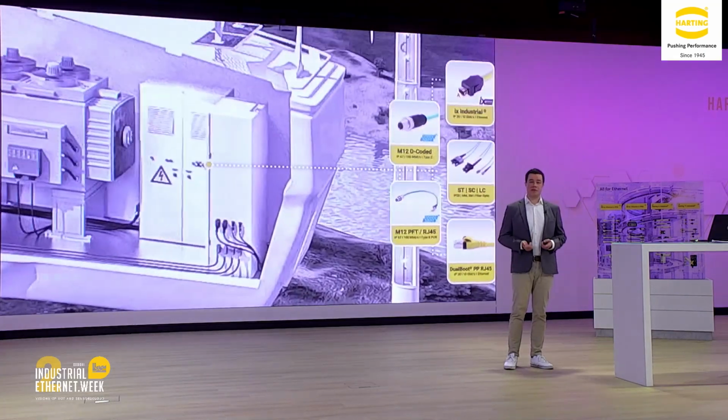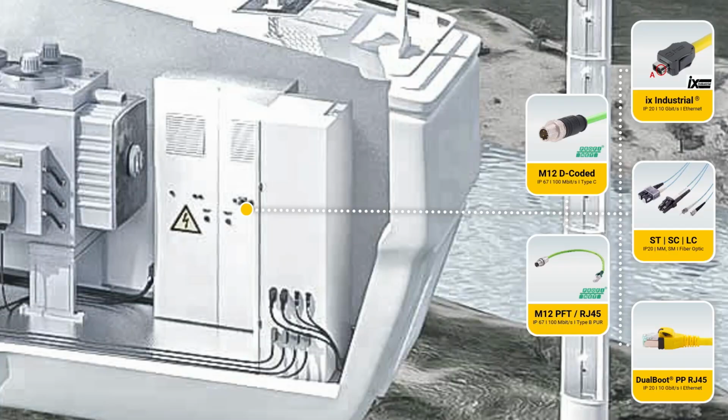We have here the IP20 ST, LC, and SC fiber optic cable assemblies for the IP20 connections. But due to the smaller distances, you can also choose copper-based Ethernet again, and here also the standard mating phases, which are well known in the industry, like the M12 D-coding and RJ45 in different variants.